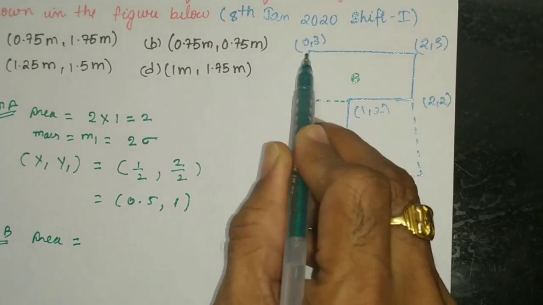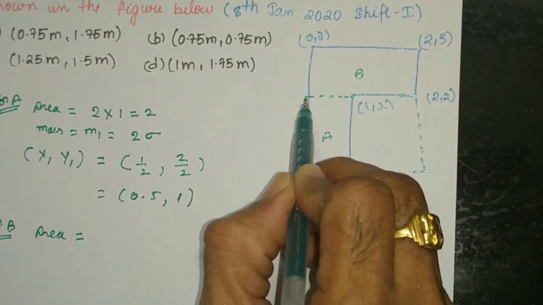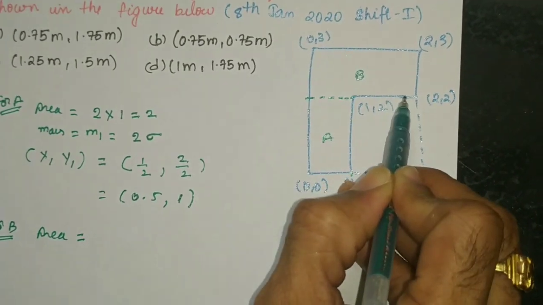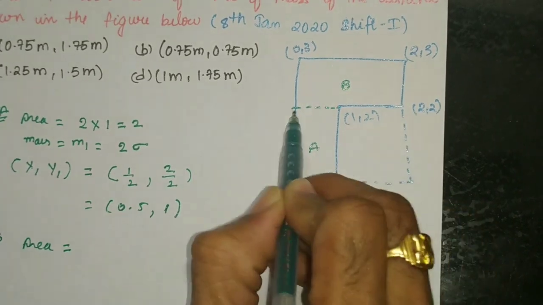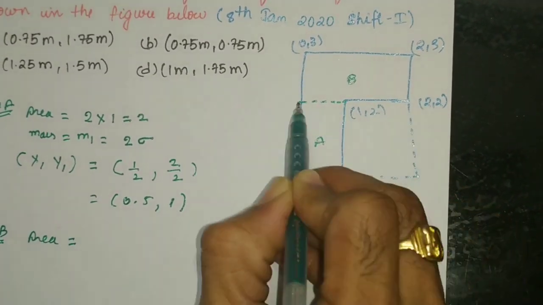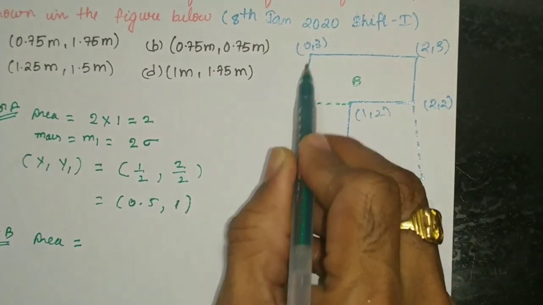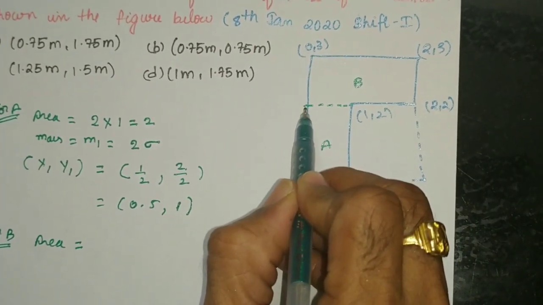So, the height of this rectangular lamina is 3 minus 2, that is 1, and the width of the lamina is also equal to 2, since the x coordinate is 2. So, height is equal to 3 minus 2, 1.